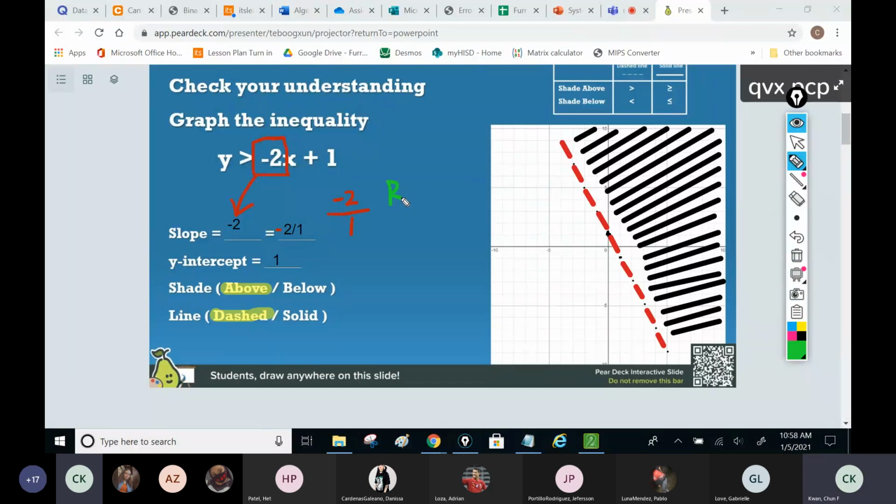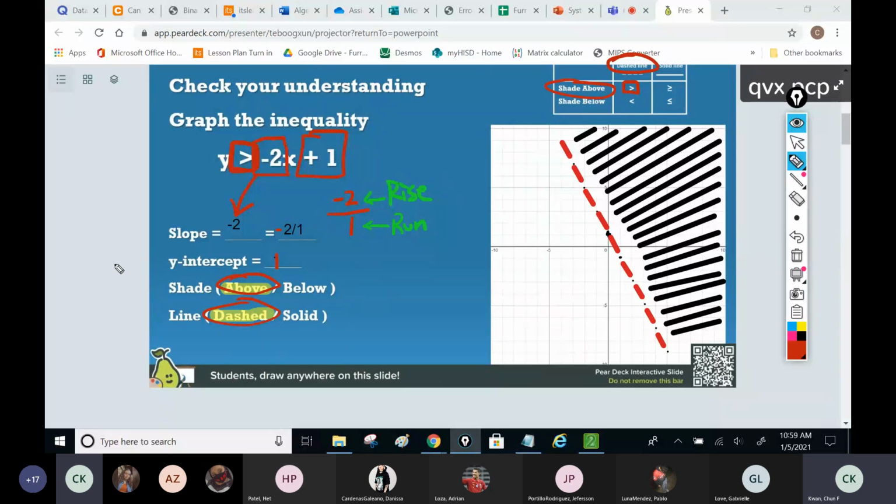So we can see the rise and the run. Rise of -2 means you're dropping down 2 units. The y-intercept is +1. The inequality symbol is a greater than, so we need a dash line, shaded above.